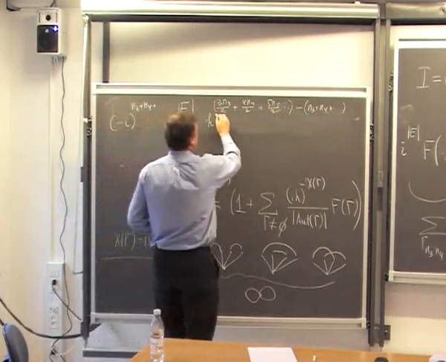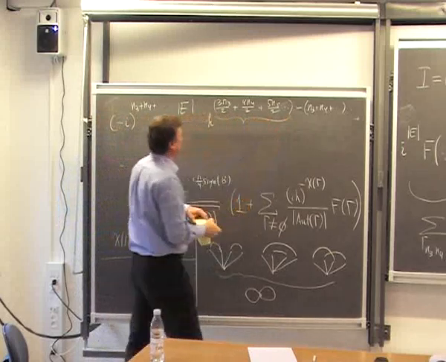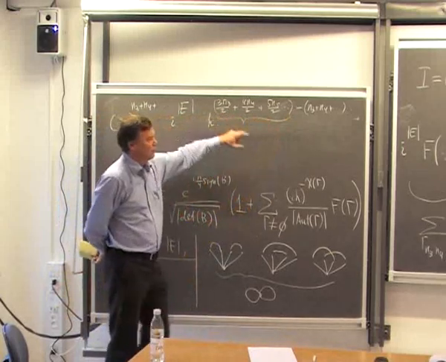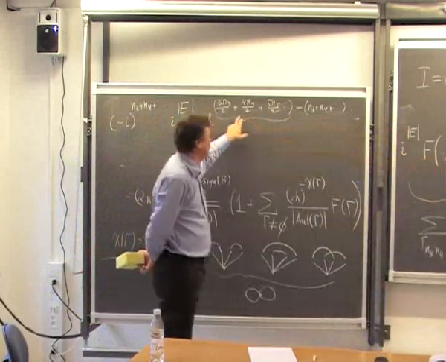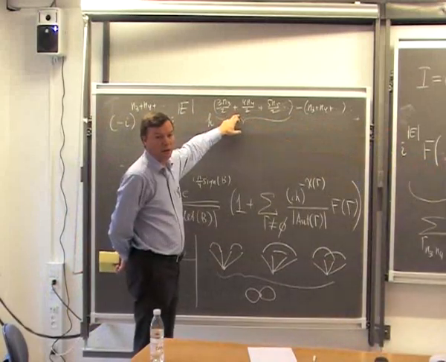So let's look at these numbers. In terms of the graph that is obtained in this way from a perfect matching, what is the meaning of this number?